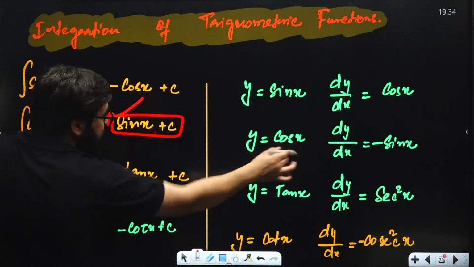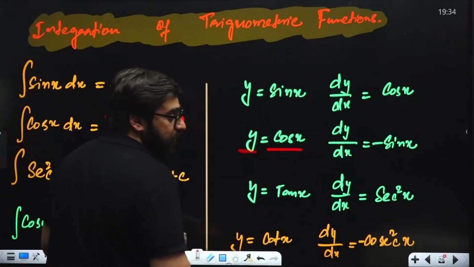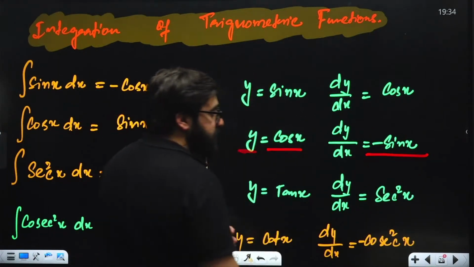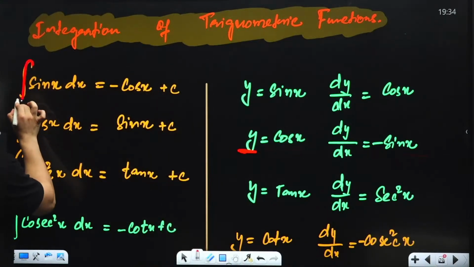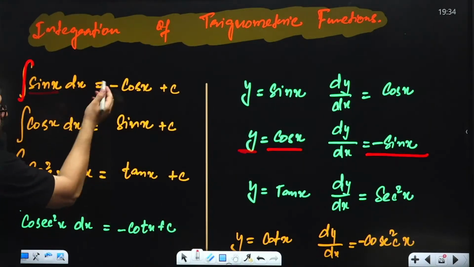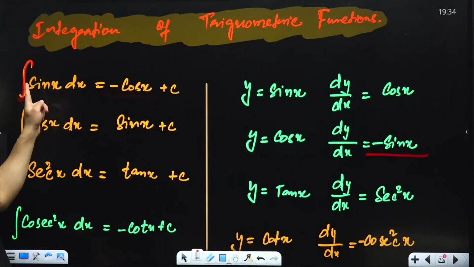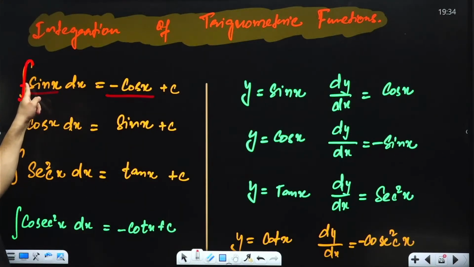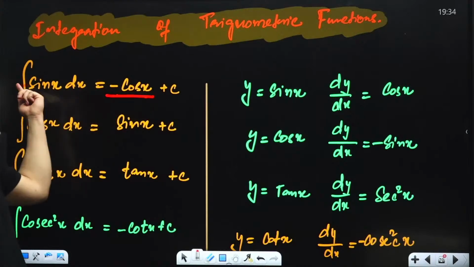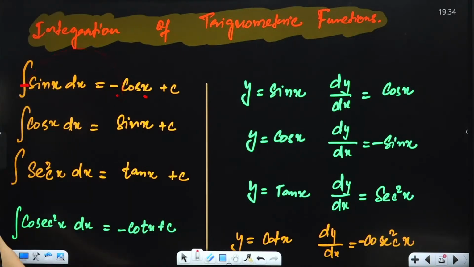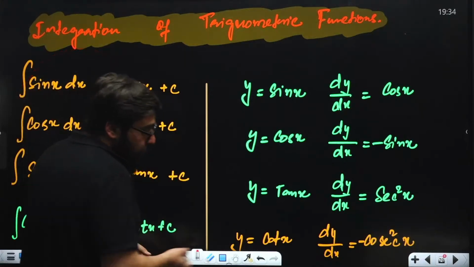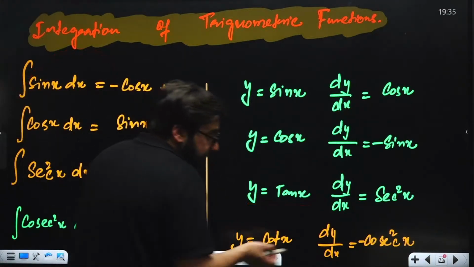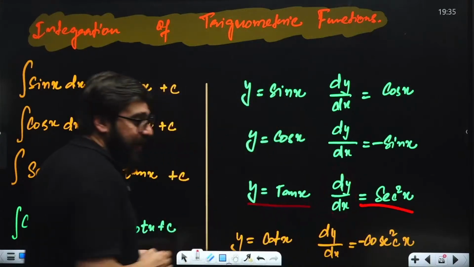Similarly, if I say y is equal to cos x, its differentiation is minus sin x. Now do the integration of sin x. We say its integration will be minus cos x. Or if you place a minus over here, the integration of minus sin x is cos x, so taking this minus over here, it will be minus cos x. Similarly, we say y is equal to tan x. Differentiation of tan x is sec square x.